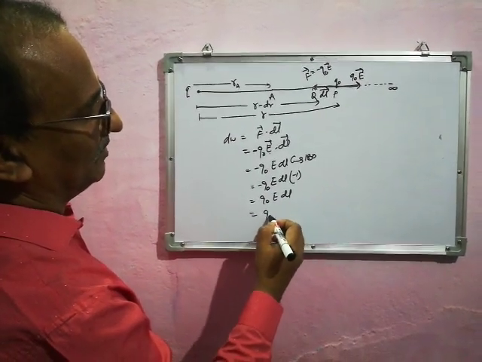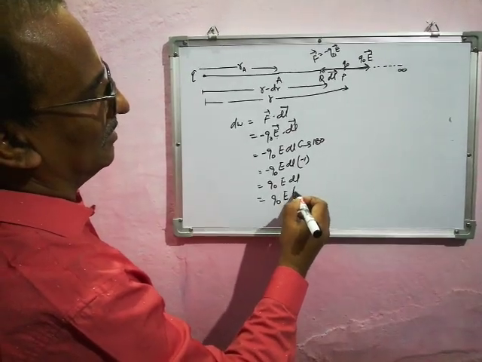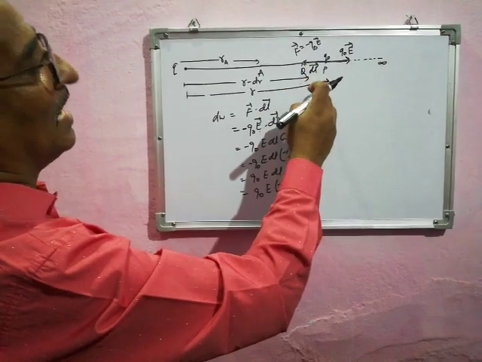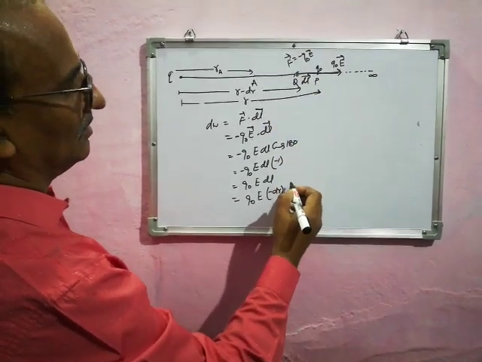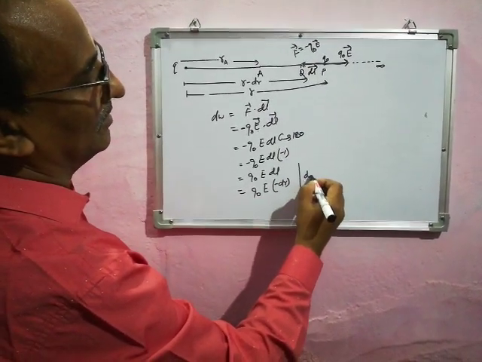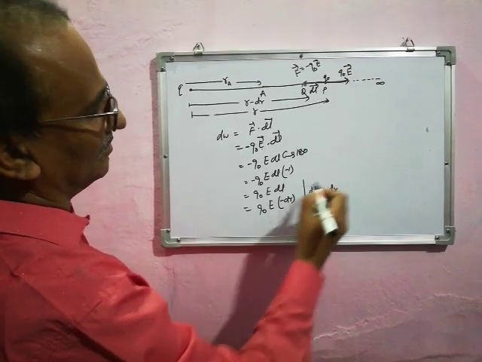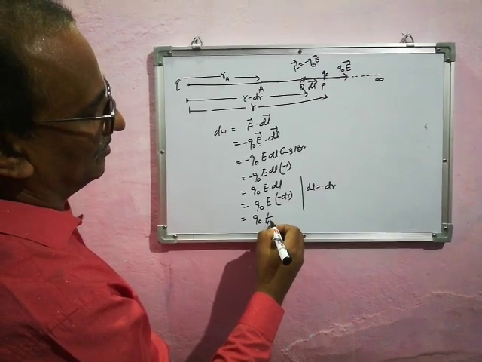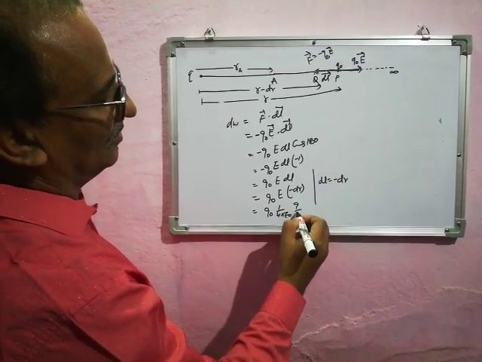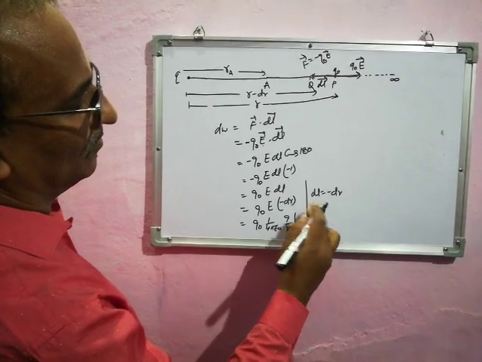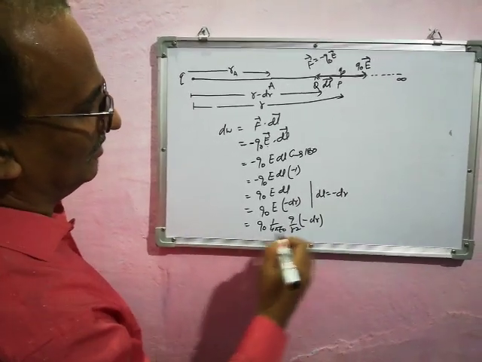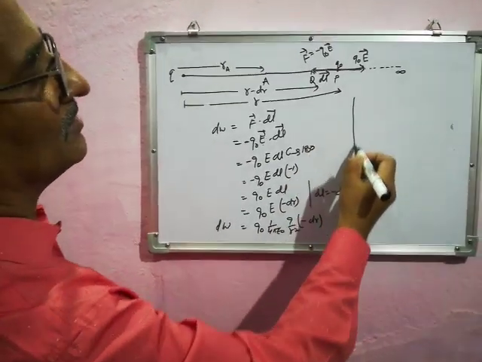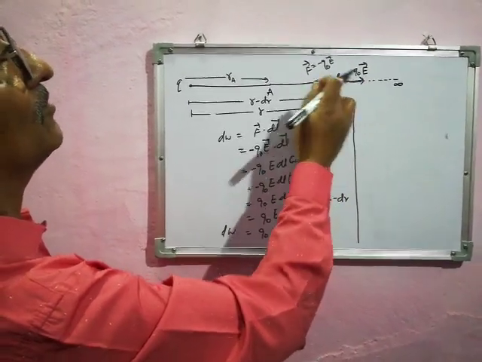Now dl is equal to minus dr, since in the direction of dl, r decreases. Now substitute the value of E. It becomes equal to 1 by 4 pi epsilon naught Q by r square into dr. This is the small amount of work done in moving the charge from P to Q.